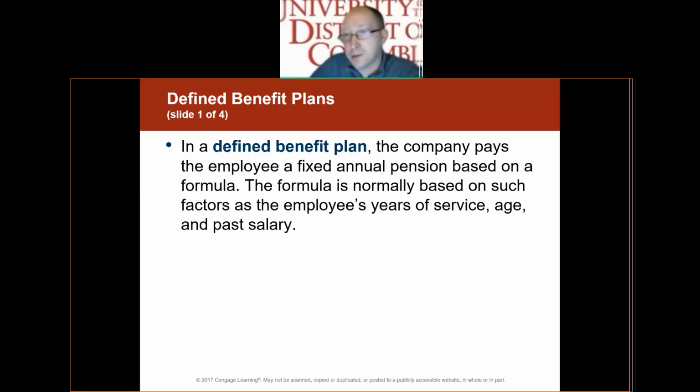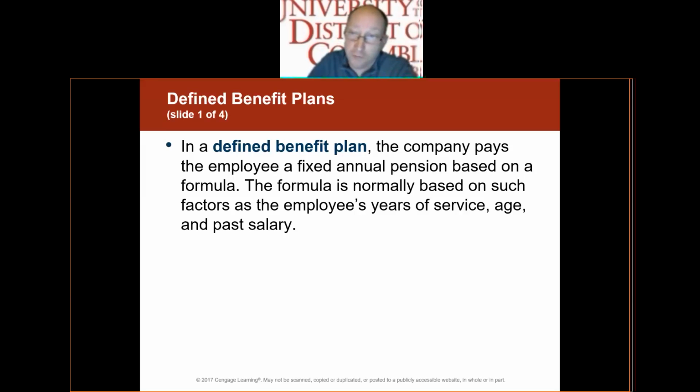Years of service, age projection, when you expect to retire, in other words. That's what they mean by age, not how old you are. It's based off of what age you'll be when you expect to be retired, right? And it's based off of past salary, because we expect that the salary will rise over time.